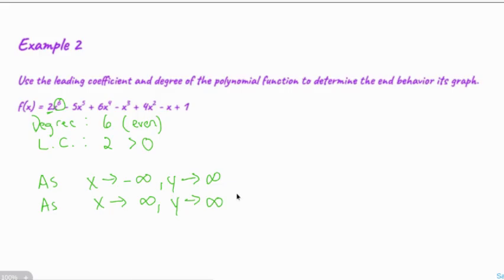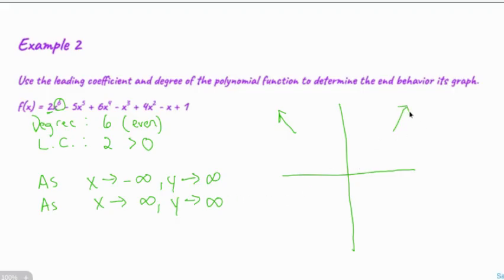Well, it gives us a distinct mindset into what the graph would look like. If we were to draw this out, these two pieces of information tell us that as x goes to negative infinity, that'd be to the left, y is going to infinity. So that means we're going up and to the left. As x goes to infinity to the right, we're also again going up.